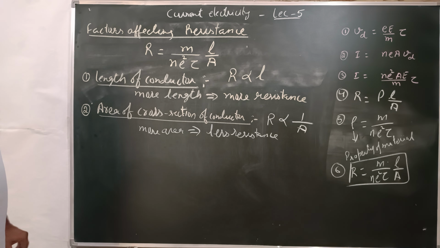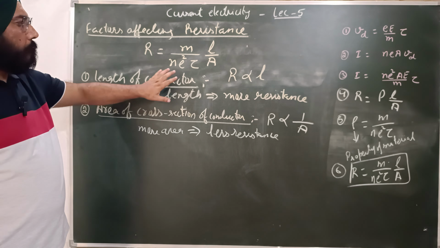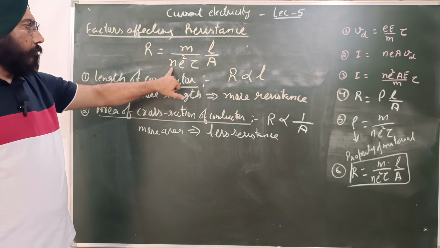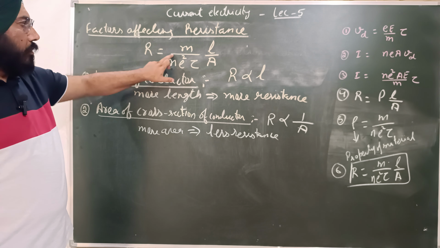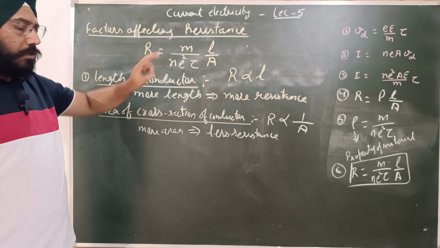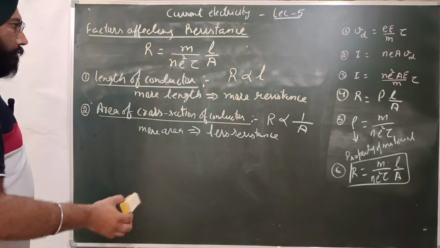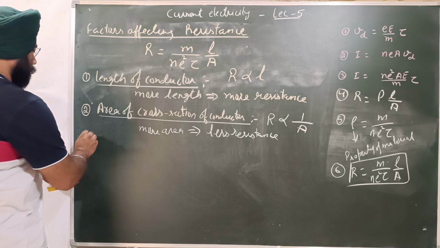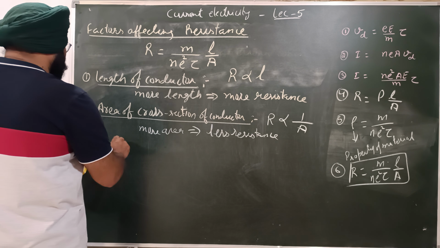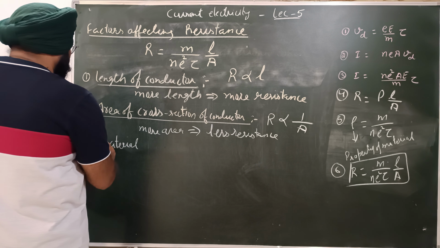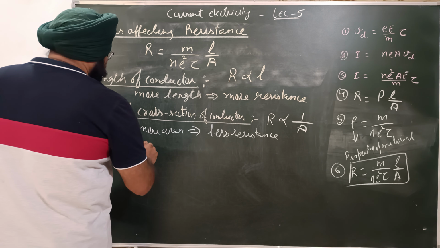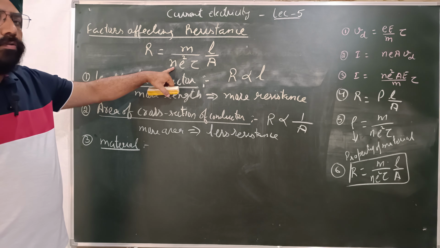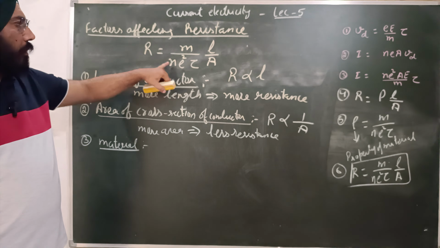Then the next: n is the number of charges per unit volume, e is the charge. So resistance will depend on n. n is the material property, so the third factor that affects the resistance is the material. A good conductor will have more free electrons, so there will be less resistance.